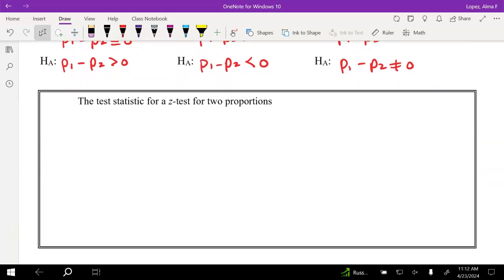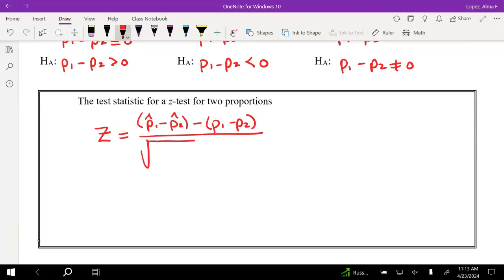The formula that is used for the z-test for two proportions is z equals p hat 1 minus p hat 2 minus p1 minus p2 all over the square root of p bar times q bar times 1 over n sub 1 plus 1 over n sub 2.